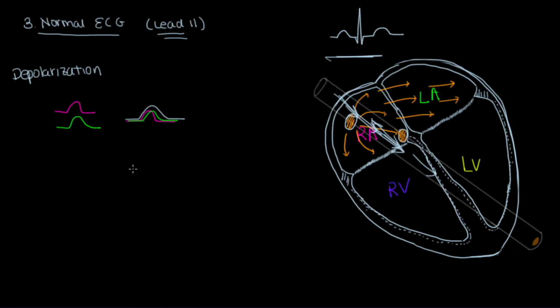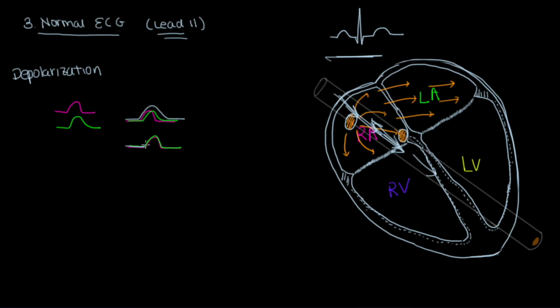Now, this is important to remember because let's say for some reason the right atrium was not really working properly. Then its signal would often get delayed. And what would happen is if the right atrium is delayed compared to normal, but the left atrium functions as normally, you'll have these two right on top of each other, right?